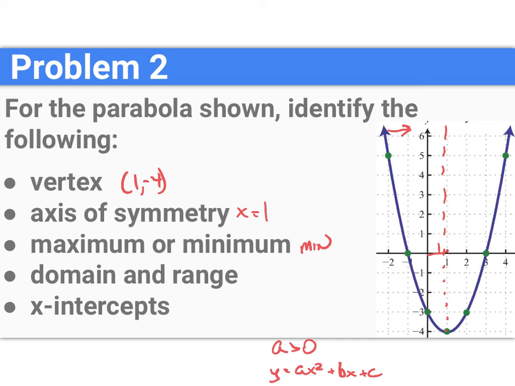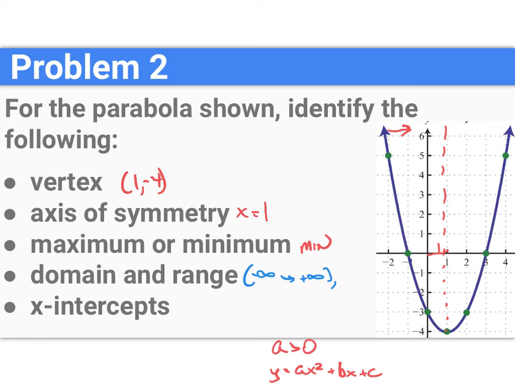The domain is from negative infinity to positive infinity because I have no restrictions. I keep putting a comma, and I don't want you to think that this is a point. I want you to think that this is a range. So negative infinity to positive infinity, that's for the domain.